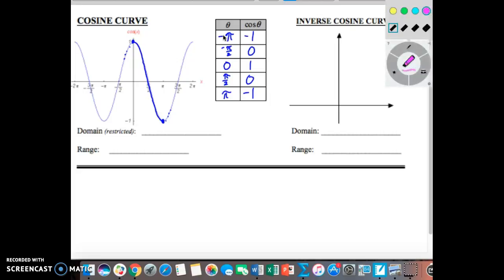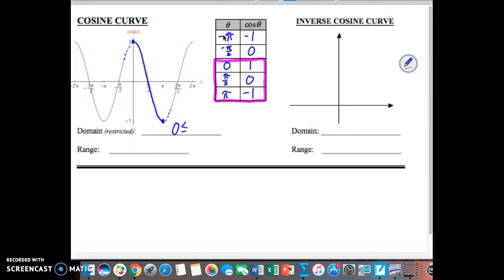Therefore, we need to restrict our domain from 0 to pi. So our domain will be restricted from 0 to pi, which means our range goes from negative 1 to positive 1.